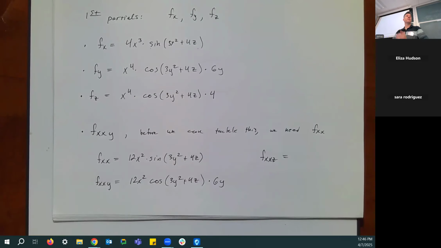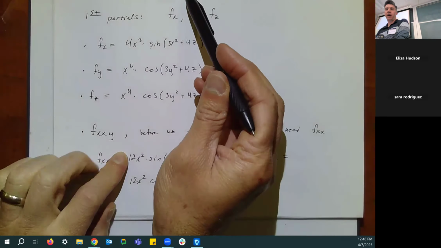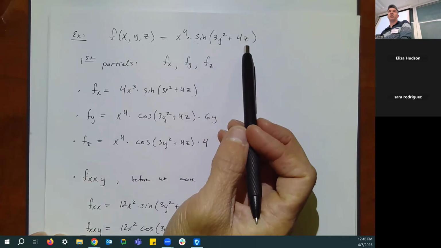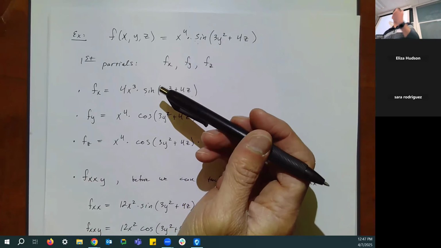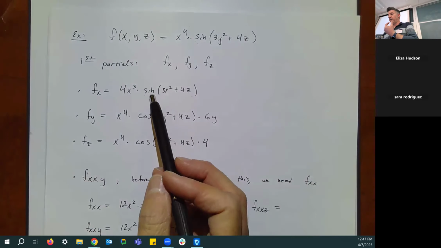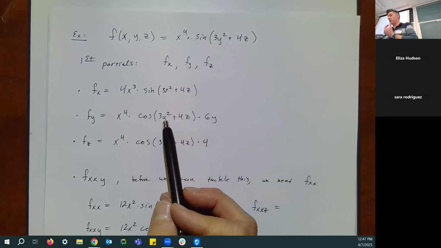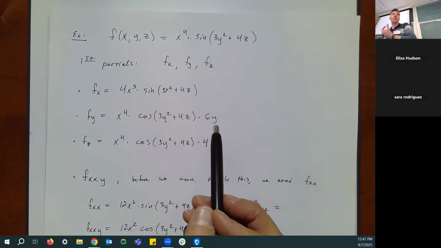Yeah, question. So we're imagining x to the fourth is like 3. So if you take the derivative of 3 times sine of 3y squared plus 4z, that 3 would just hang out in front, and the derivative of sine of 3y squared plus 4z would be cosine of 3y squared plus 4z times the derivative of whatever the insides are.